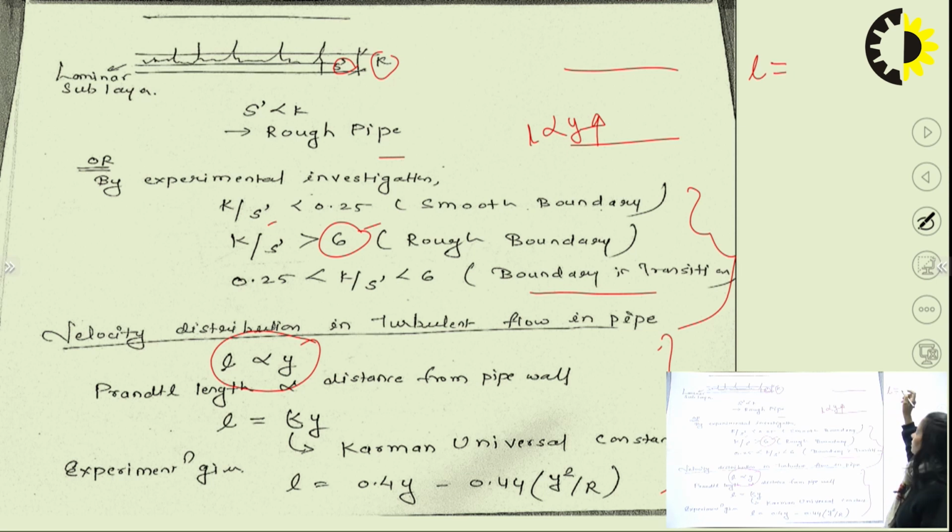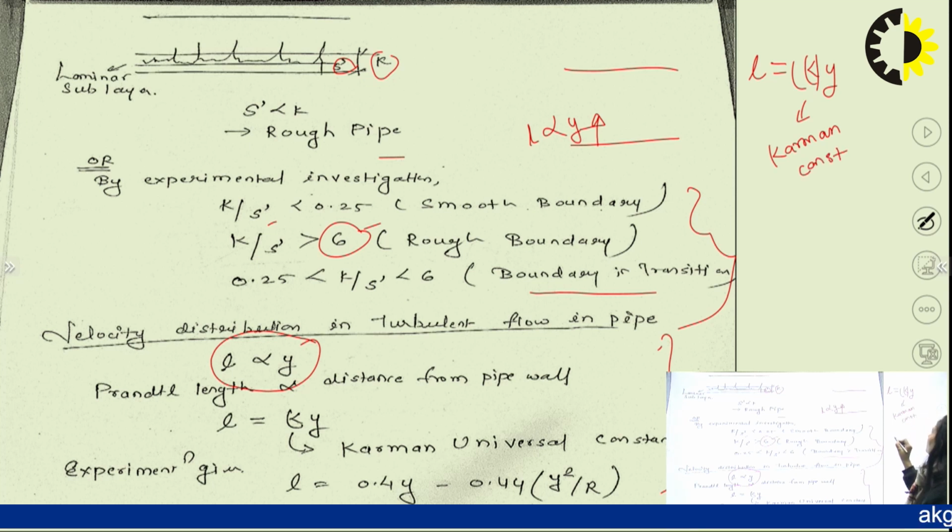When you further solve it, you get L equal to kappa Y. Kappa is your Kármán constant, or Kármán universal constant.